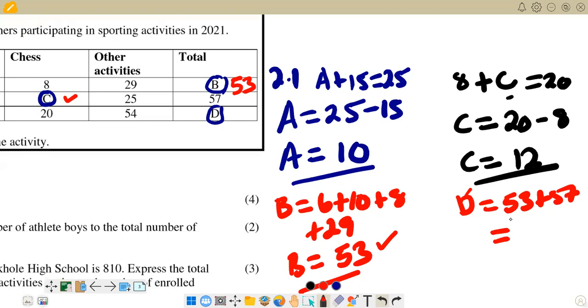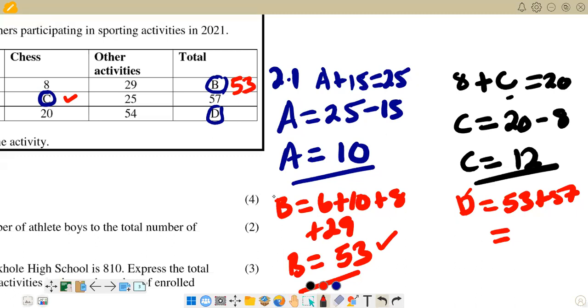Let's try to calculate that. If you add the two, you are going to get 110. So our D is 110. So that's what we have in terms of A to D.